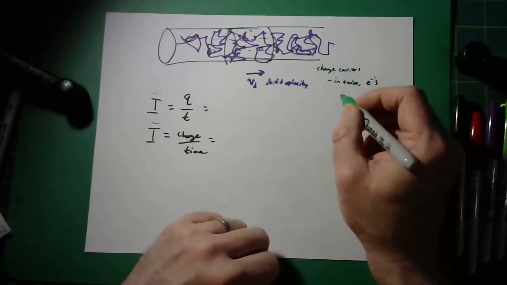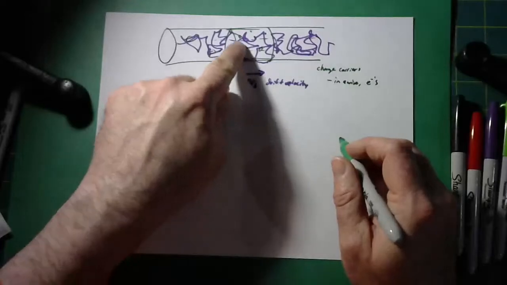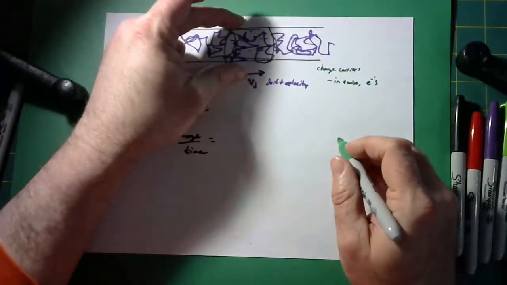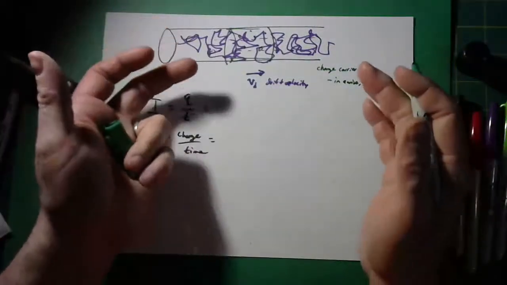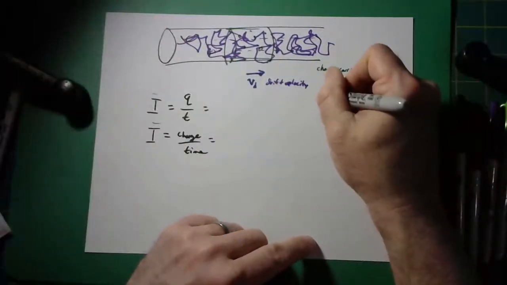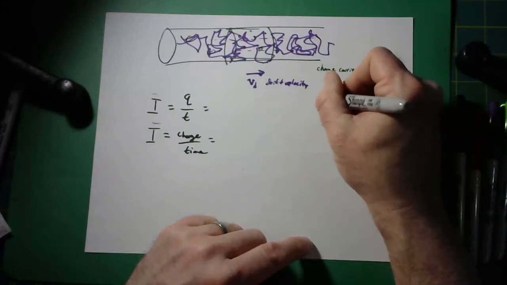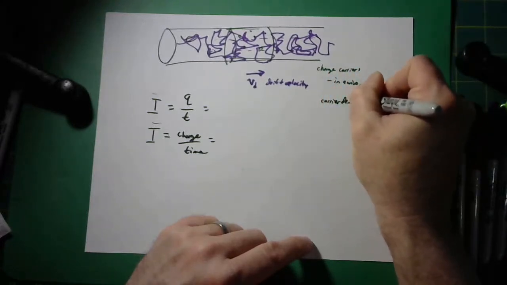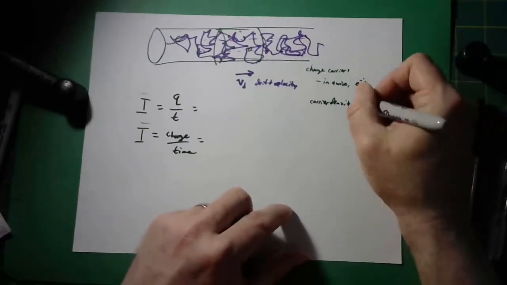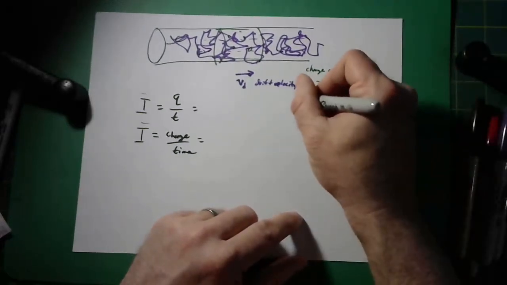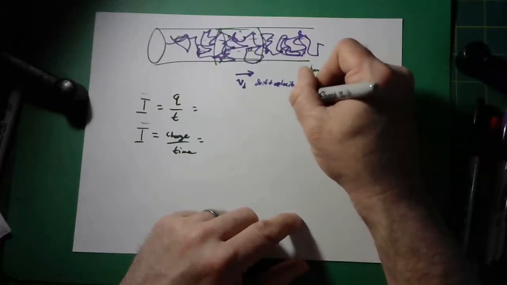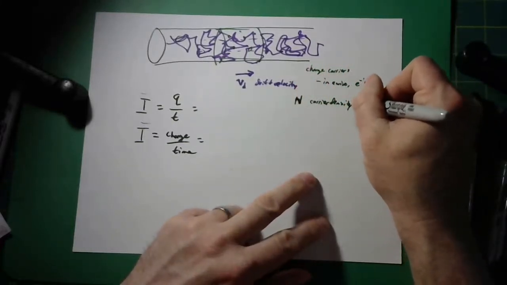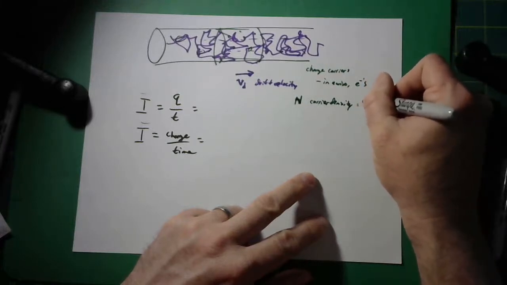So what I can do is talk about how densely packed those charge carriers are. In a certain volume of this material, how many charge carriers I have per volume. I'm going to call that the carrier density, which I'm going to give the symbol N. That's my charge carriers per volume.